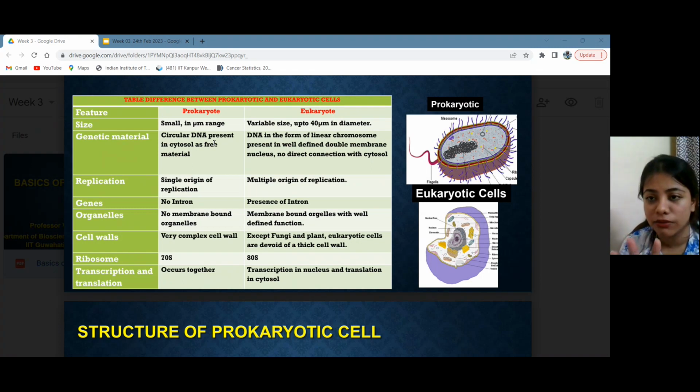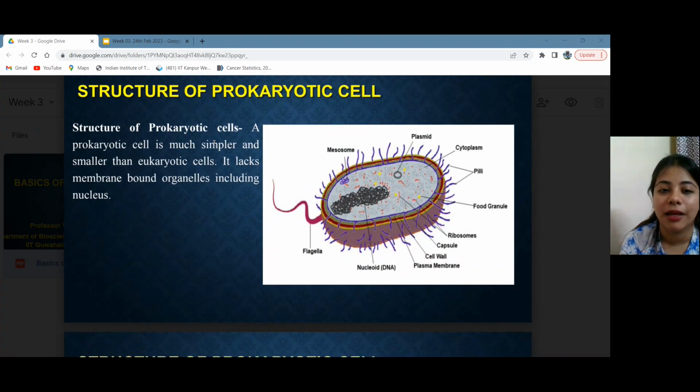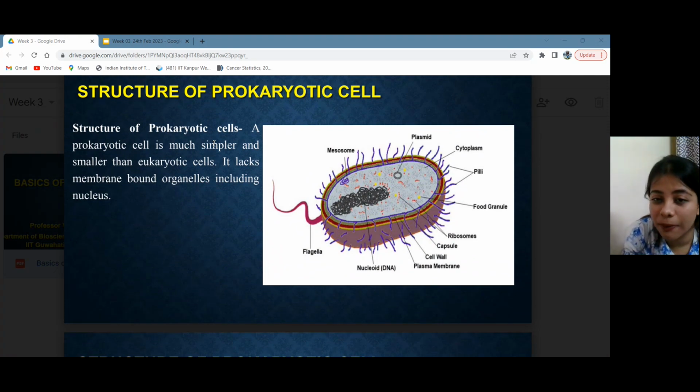So these are the very fundamental differences between these two. Obviously you can see that prokaryotes are simpler, smaller, less complicated. You have the nucleoid DNA, plasma membrane, cell wall, the slimy capsule layer, which we've also talked about previously. Then ribosomes are just lying around in the cytosol.